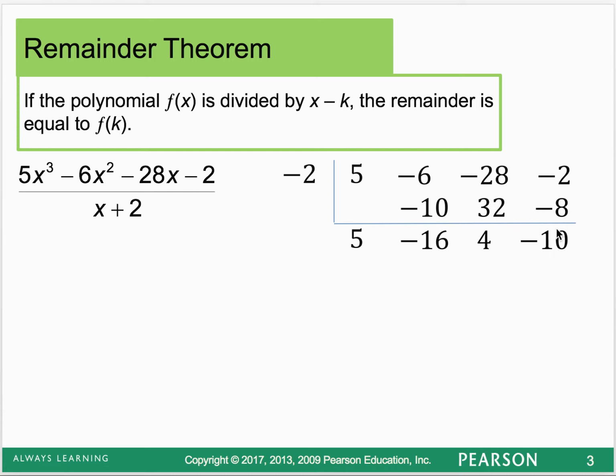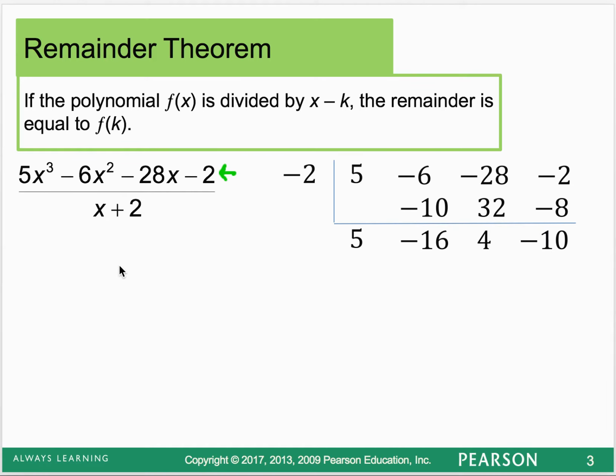And remember, here's the same synthetic division process that we had, so we don't have to do it again because we already have that. But look at this. What this theorem is telling us is this remainder is actually the answer to evaluating the function at this value. In other words, here's my function, right?